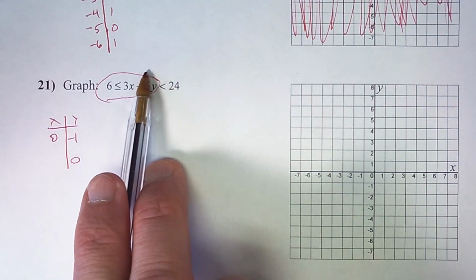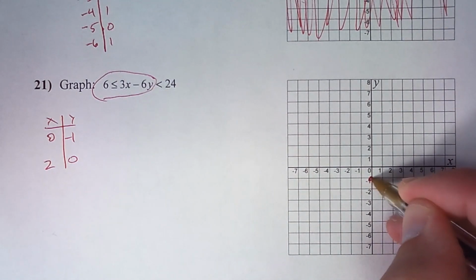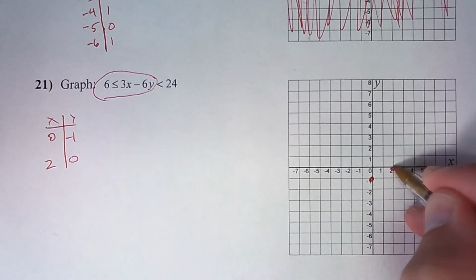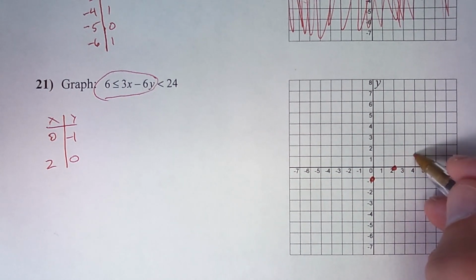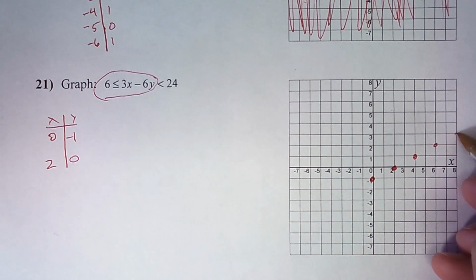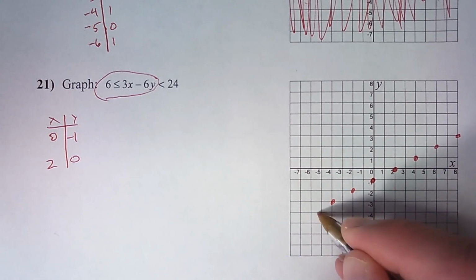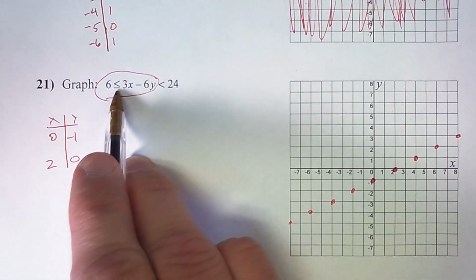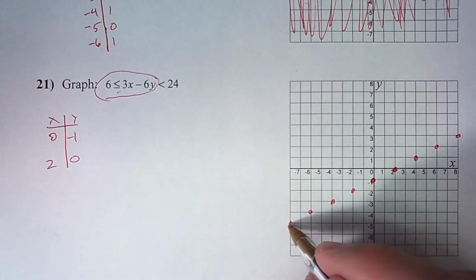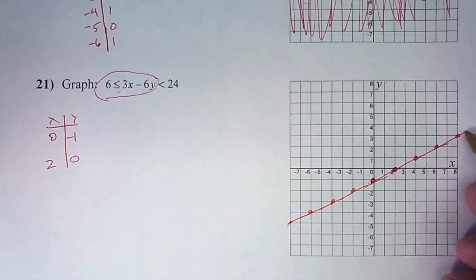When I put in a 0 for y, I get 6 is 3x. Divide by 3 and I get 2. So I've got 0, -1, and I've got 2, 0. That appears to have a slope of 1 over 2. So go up 1 over 2 as many times as I can, down 1 and left 2. Okay, and that is less than or equal to, so I know this is going to be a solid line.